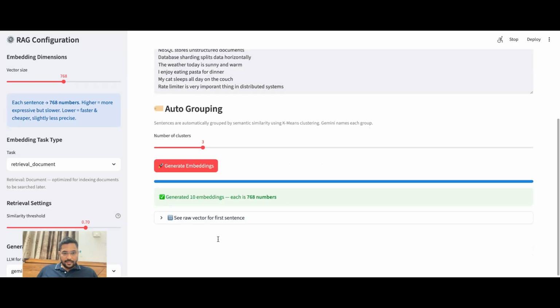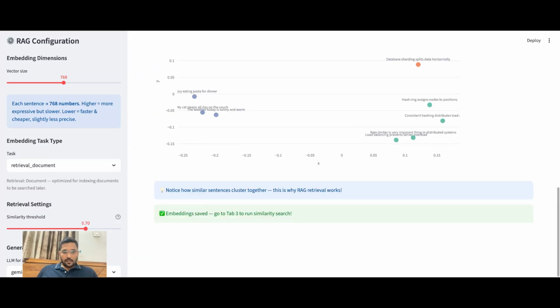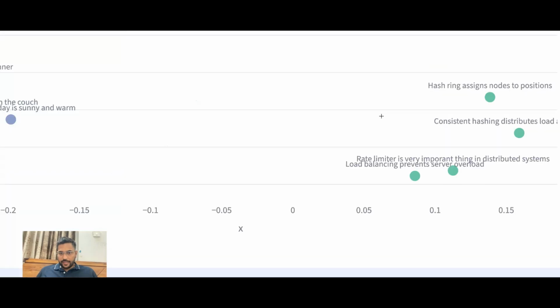It's embedding 10 sentences and naming clusters with Gemini. Okay, so if you see this new entry which we added, "rate limiter is very important thing in distributed system," its vector is in such a way that it came closer to this load balancing, this hash ring.